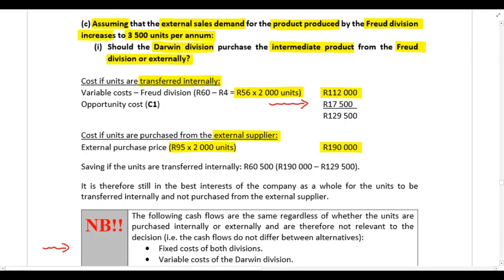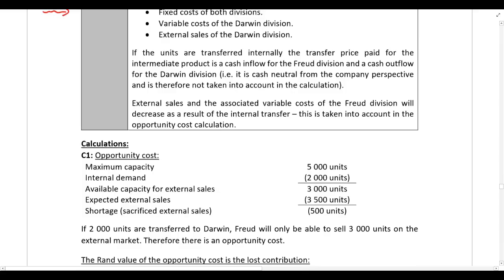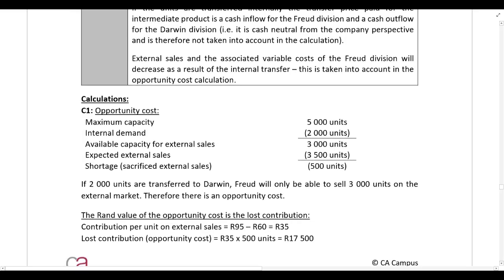So let's look at the calculation of the opportunity cost. We know that the maximum capacity of the Freud division is 5,000 units. The internal demand is 2,000 units. That's what the Darwin division requires. So they have available capacity for their external sales of 3,000 units. However, they would like to sell 3,500 units externally. So we have a shortage over here.